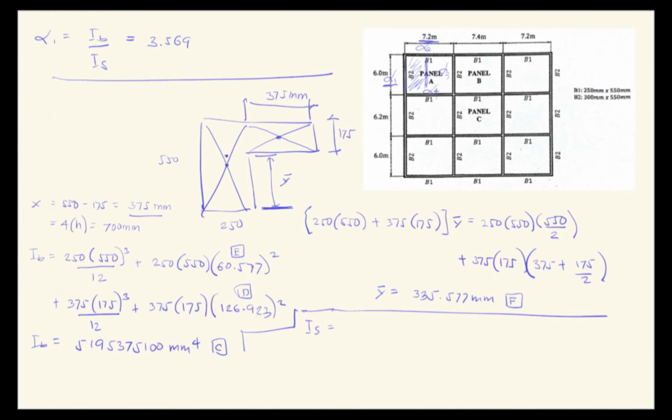So since alpha 2 is at this portion of the panel, then the effective width of the slab to be considered is this portion here.